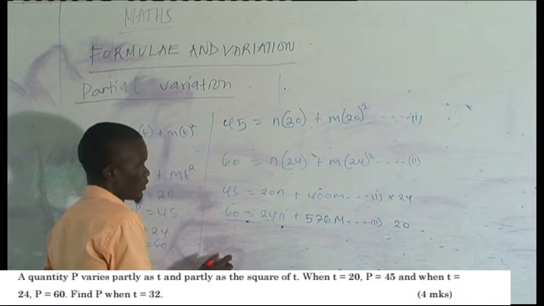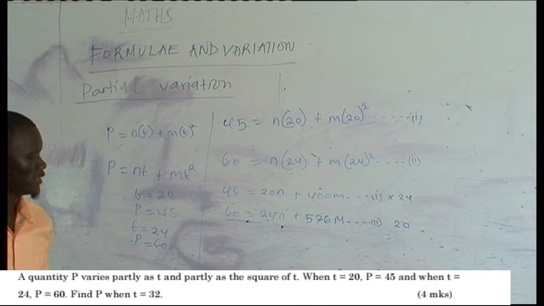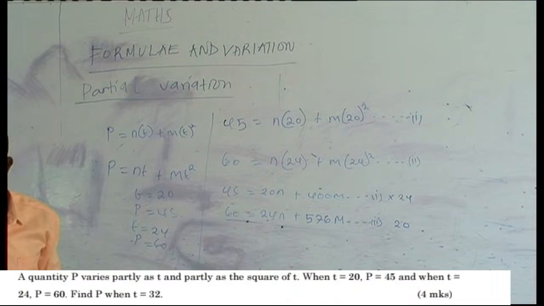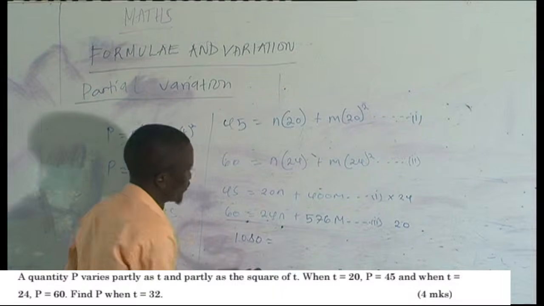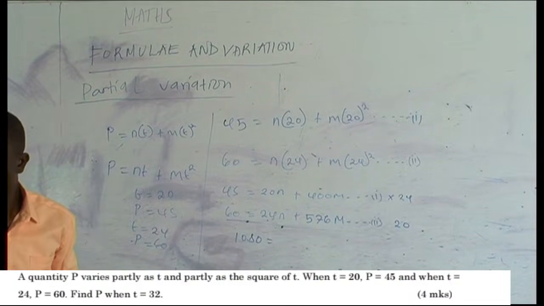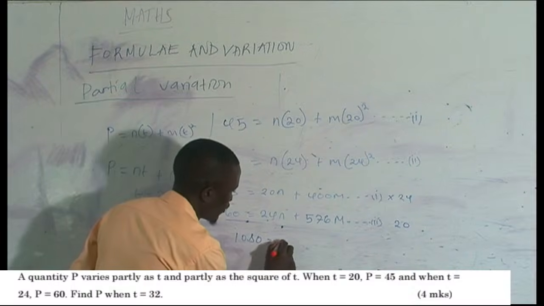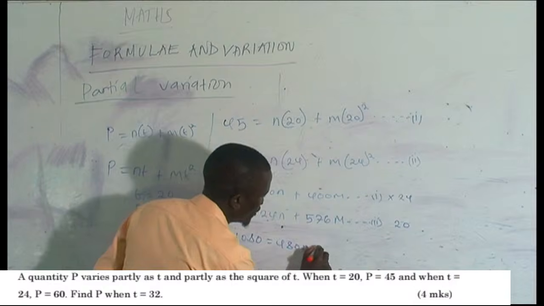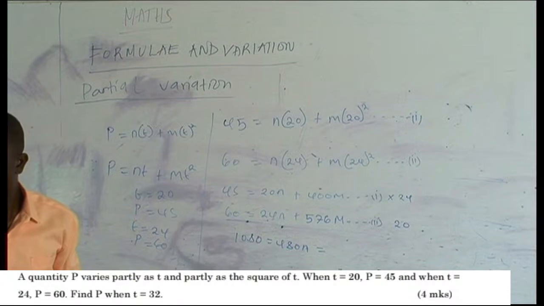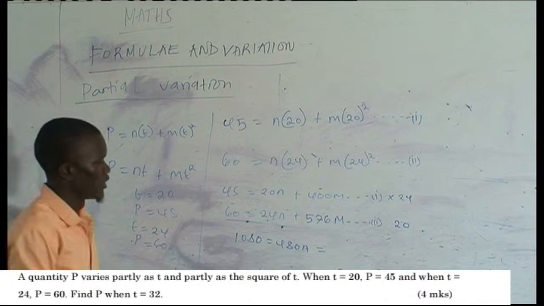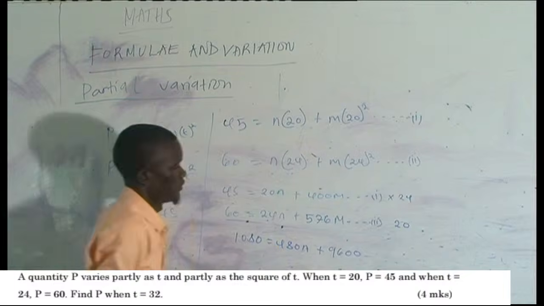So what will you have? 24 by 45, we get 1080 is equal to 20 by 24, that is 480n, plus 400 by 24, we get 9600m.